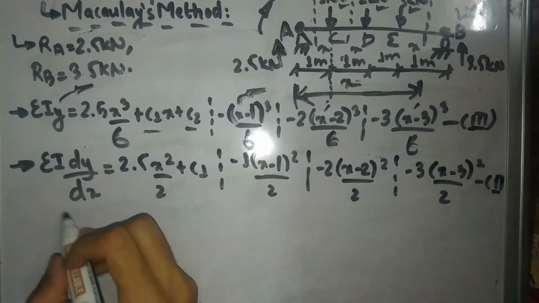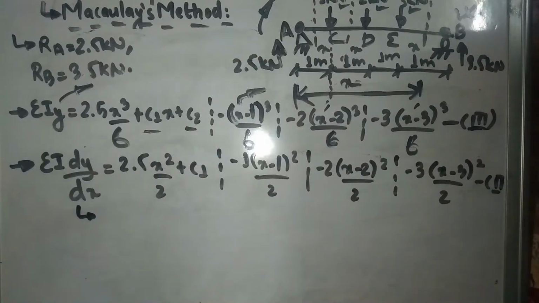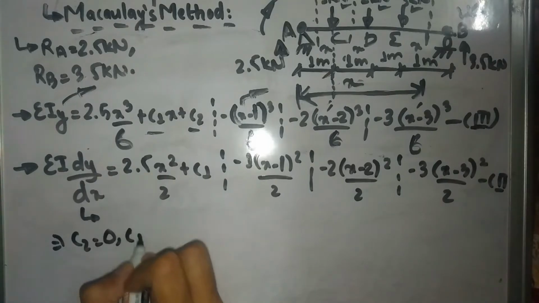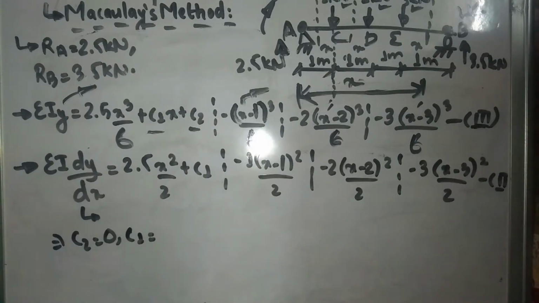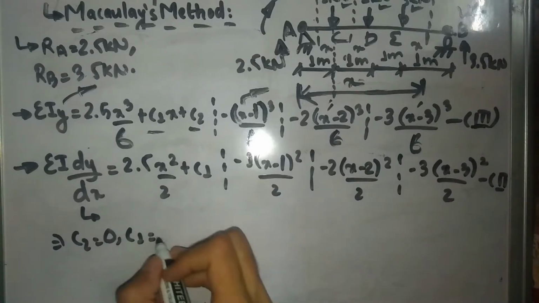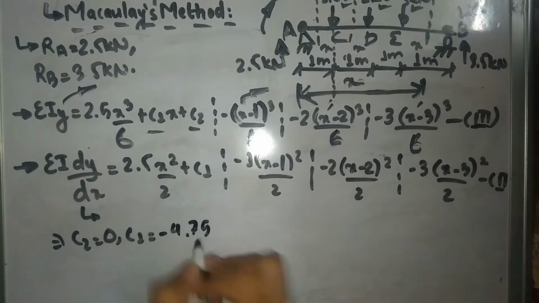This is my slope equation, and this is my deflection equation. I calculated my value of c2 as 0, while my value of c1 we calculated to be equal to minus 4.75. So what we're going to do next is simply substitute the values of c1 and c2 in these equations.